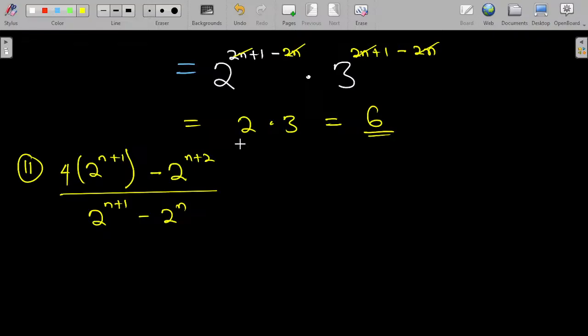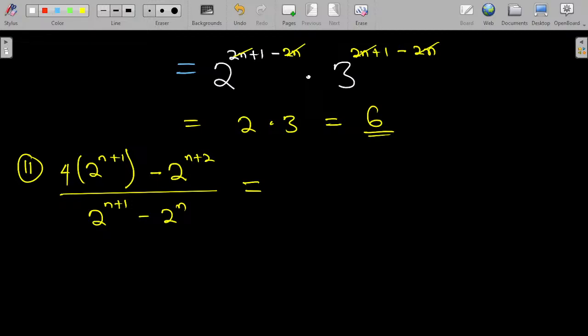From 12 now they said evaluate. So let's go on now. What do we do here? This looks like something we would need to do some substitution.